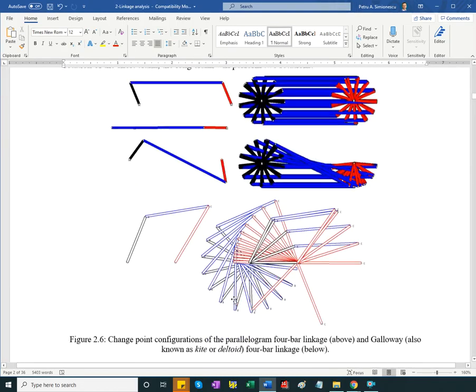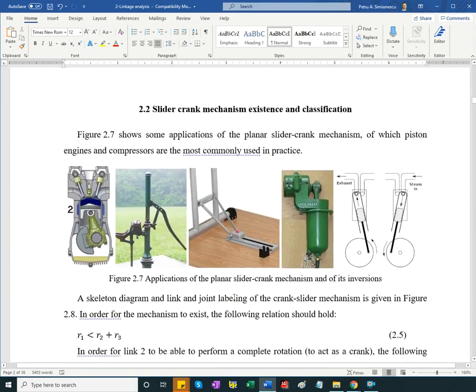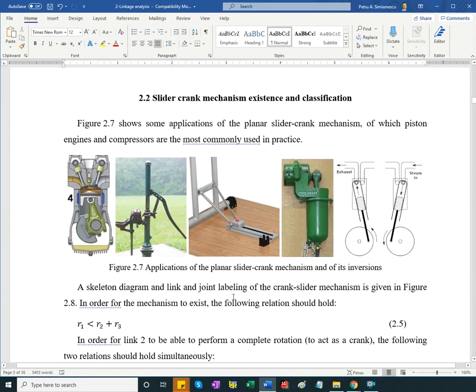All right, let's move to the next paragraph on slider crank. It's amazing. The new working model allows you to see the animated GIFs in motion. Maybe I should take advantage of this. So what you see here are several applications of the slider crank or crank slider mechanism.